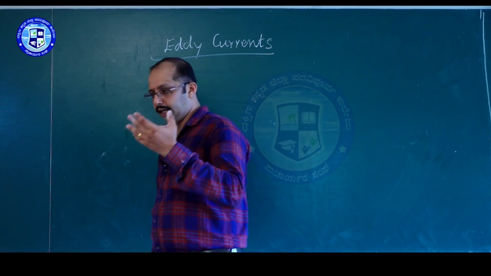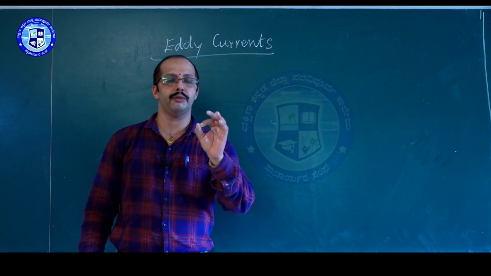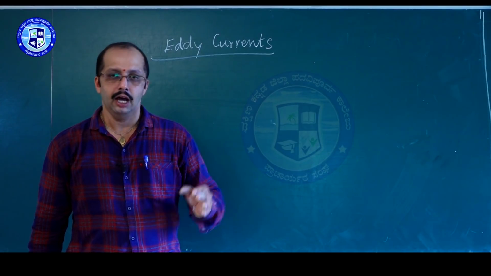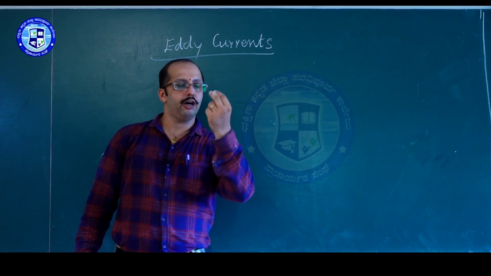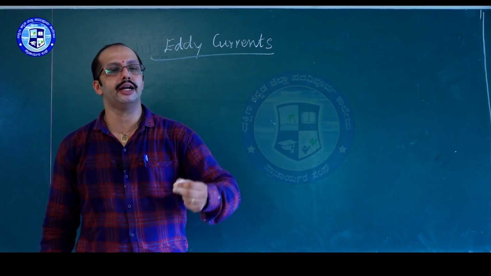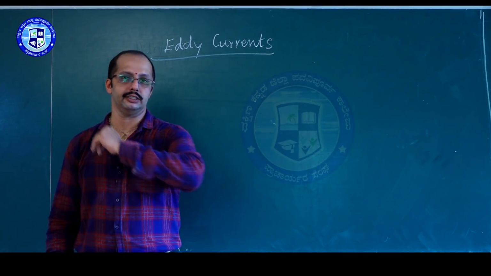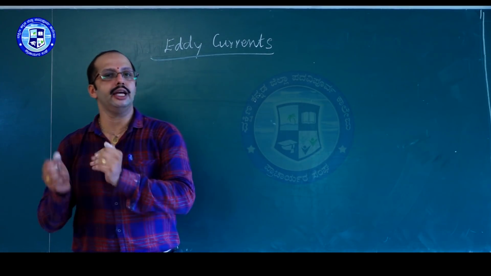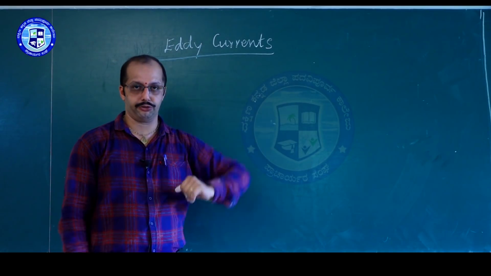This eddy currents phenomenon can also be explained by the phenomenon of electromagnetic induction, the phenomenon in which generation of electric current is due to variation or change in the magnetic flux or magnetic field lines. Here also the eddy currents are produced.